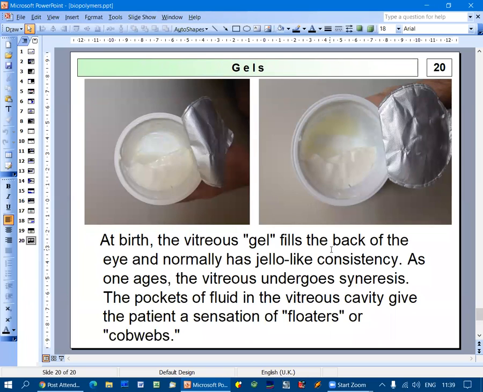And that's why, for example, veal steak and steak made of an old cow have absolutely different taste. And this is one more example. Vitreous can undergo syneresis, and this process is important for ophthalmology.